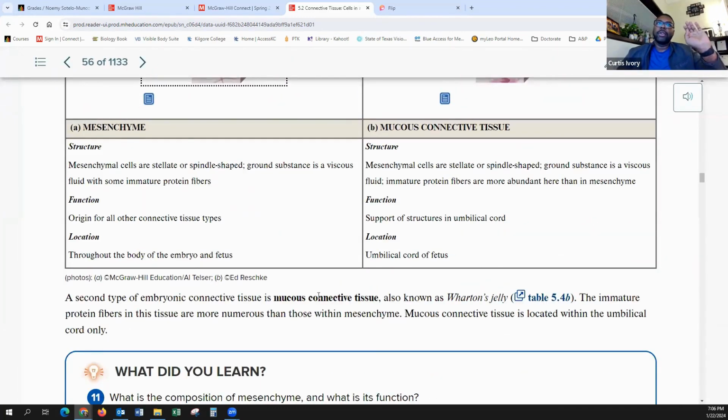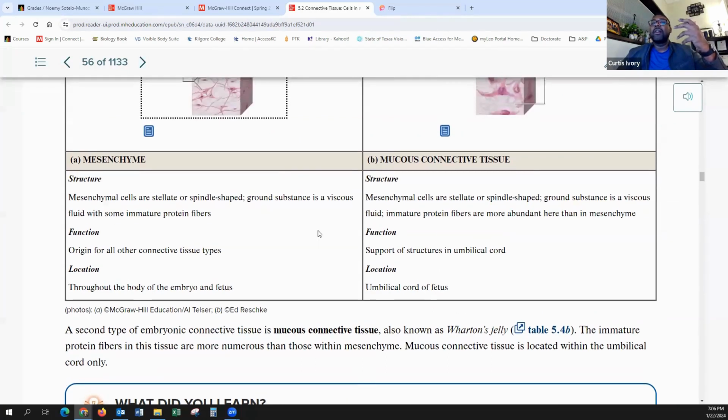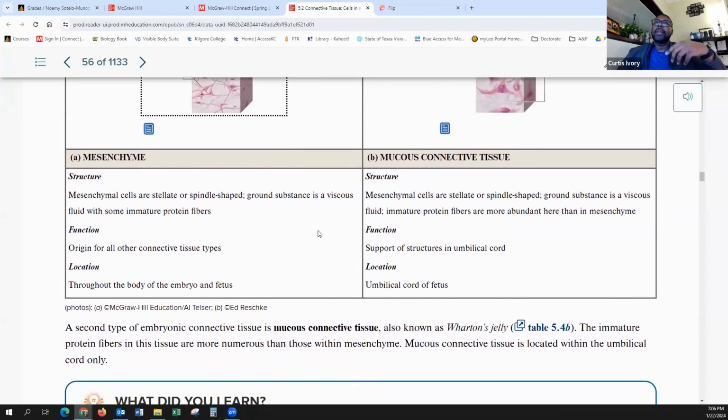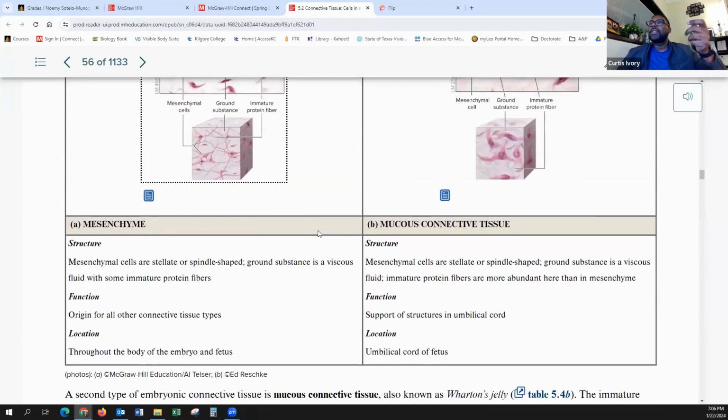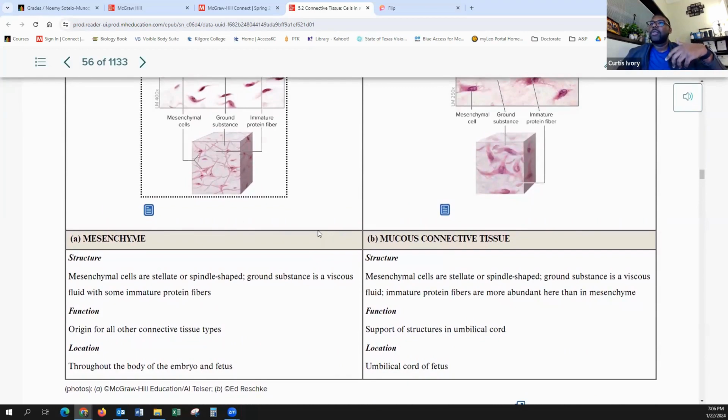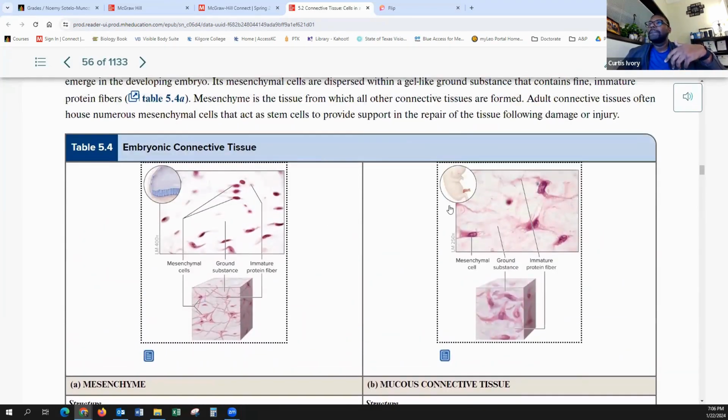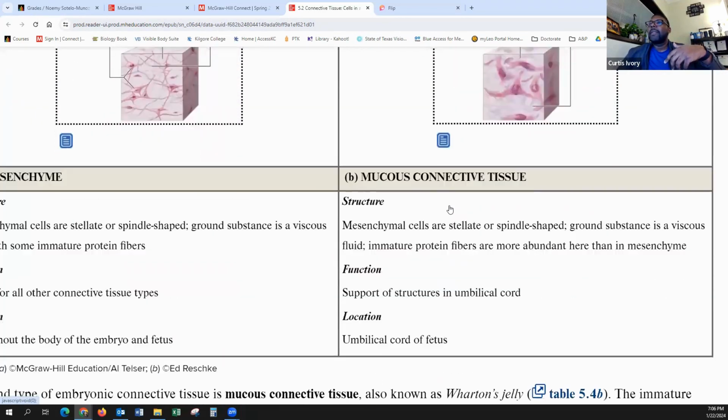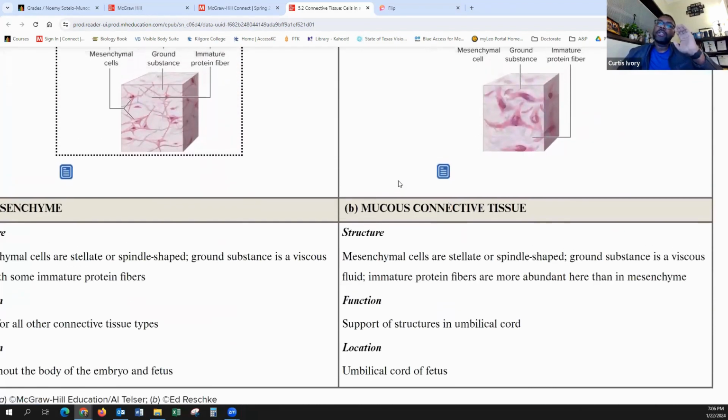And so they're located throughout the body of the embryo and fetus. So essentially they are stem cells. They can become other connective tissues. Mucous connective tissue supports structures of the umbilical cord. And this is where we actually tend to harvest a lot of stem cells, is in the umbilical cord.